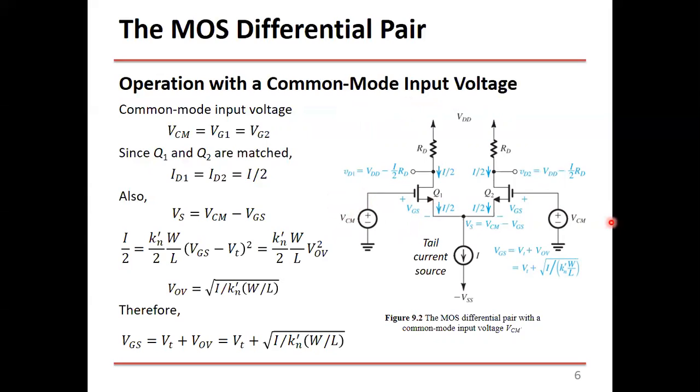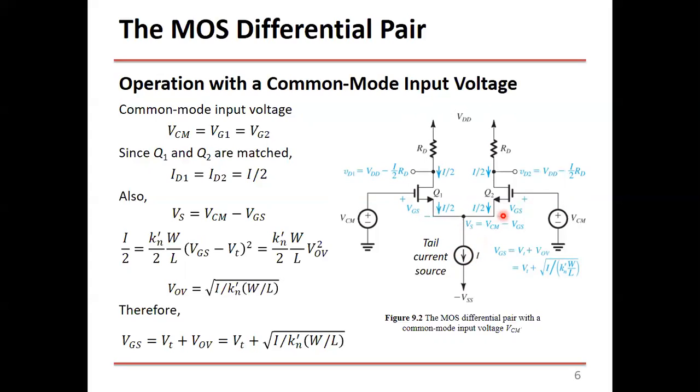This is 1 volt, 2 volt, a high voltage signal. If you have this VCM here and VCM here, how do we calculate ID1? This transistor is in saturation and this one is in saturation. The current here, I2, and the current here, I1, will meet here and constitute I. So I is I1 plus I2.